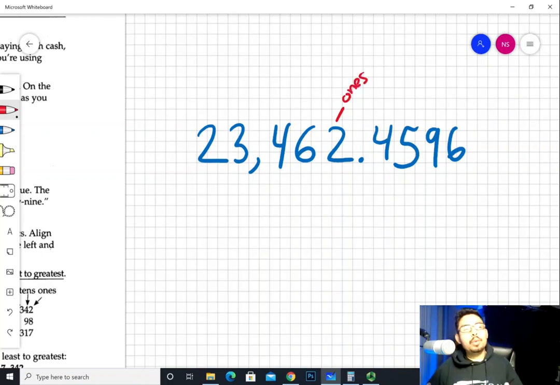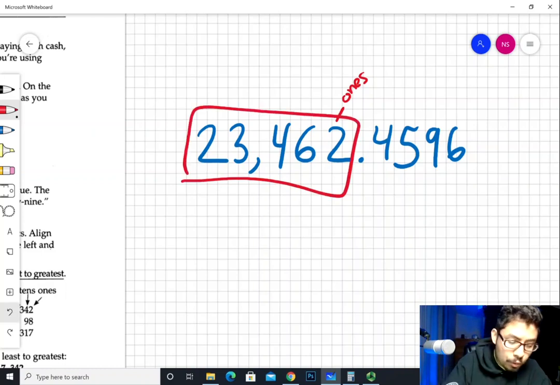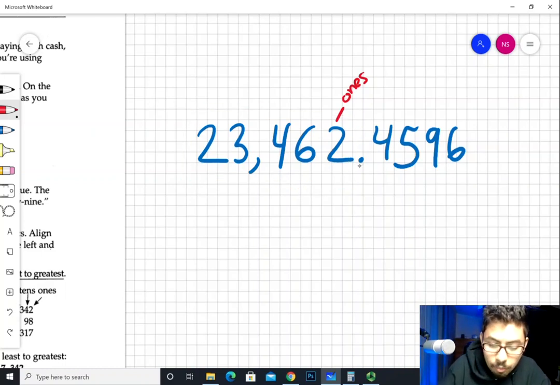So when they tell you to round to the nearest ones, well, we'll get into how to round, but the first thing you should have in mind is the ones place. Where's that at? It's the last number of the whole number section, the number to the left of the decimal spot, snuggled up right next to the decimal point.